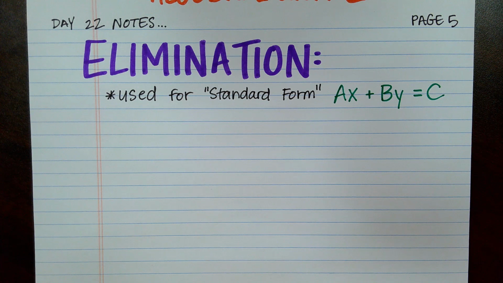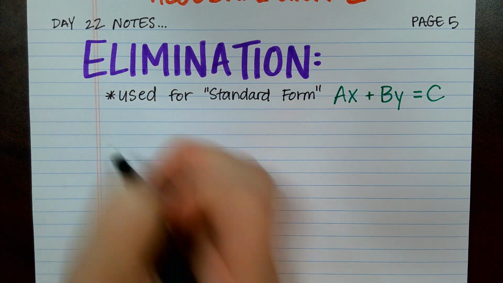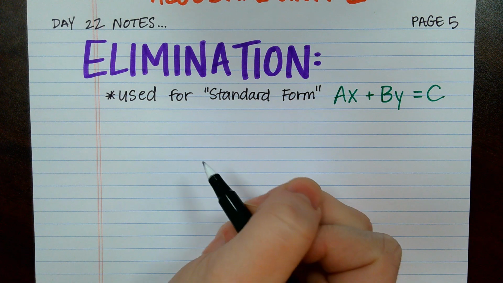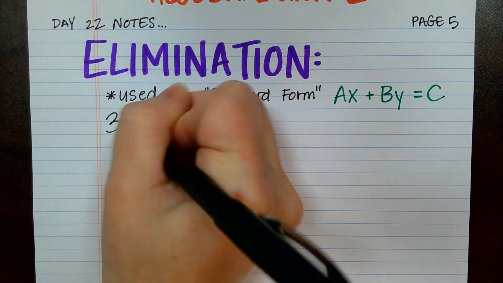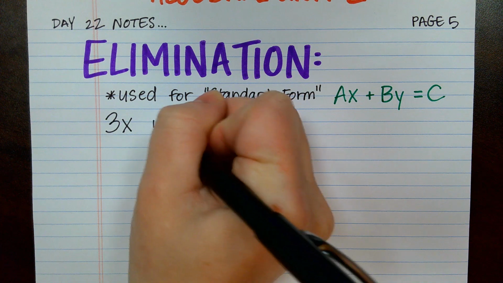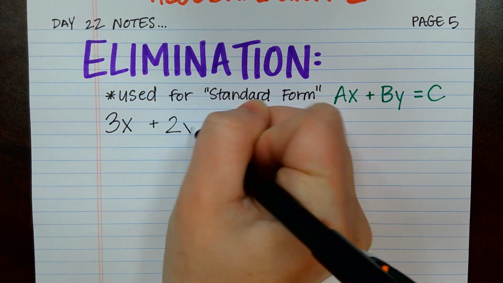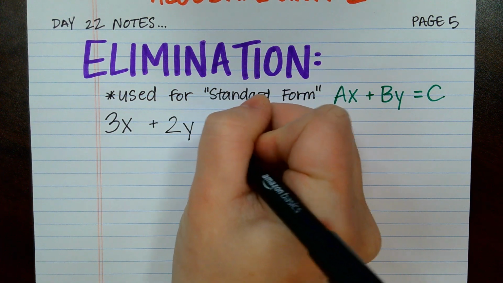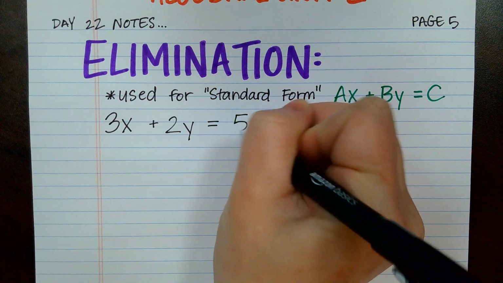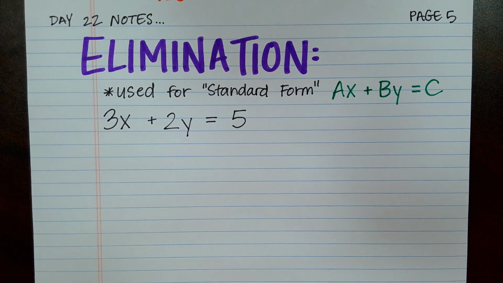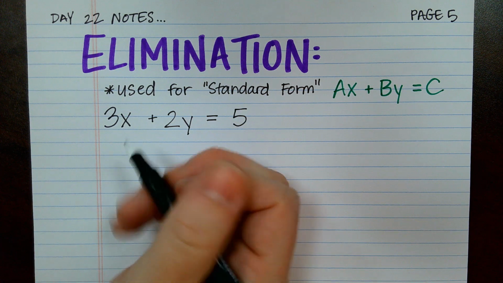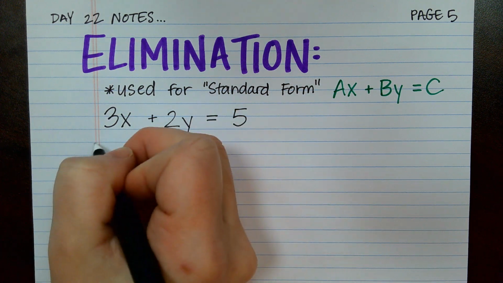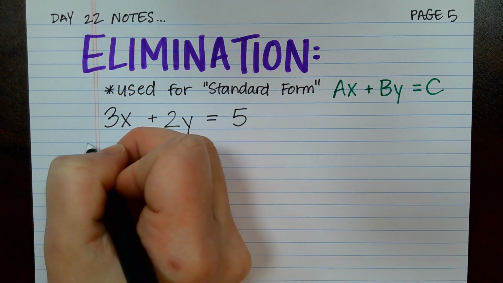I'm going to give you an example. Let's say I have 3x plus 2y equals 5. I don't know if we're going to get whole number answers; I am kind of making these up on the spot, full disclosure. And I'm going to give us an easy one first.